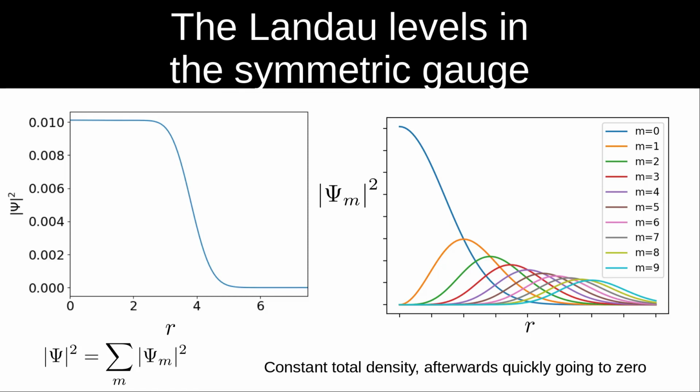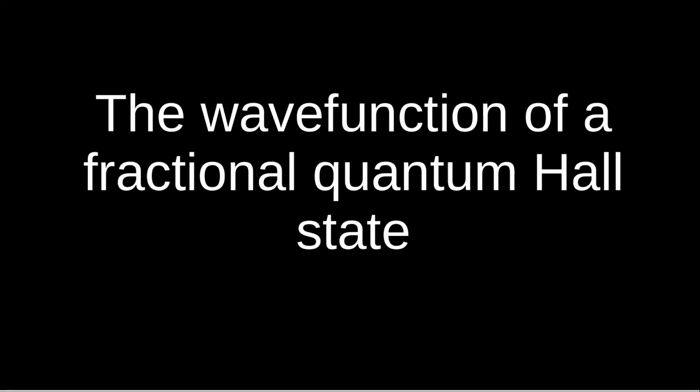So the wave function written in that way, up to a certain m, essentially describes a 2D electron gas that has a uniform density in real space, and then at a certain radius, it quickly decays. So you effectively have a featureless electron gas up to a certain radius, and this will be important later on.